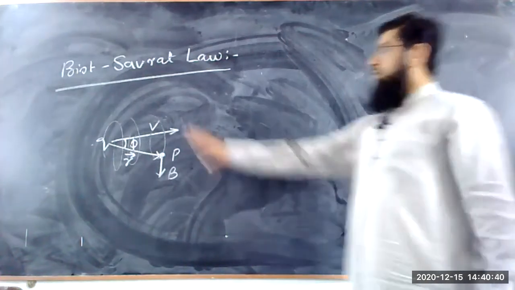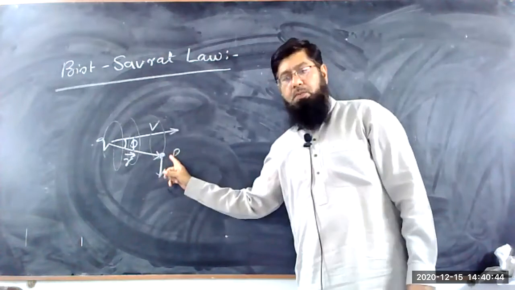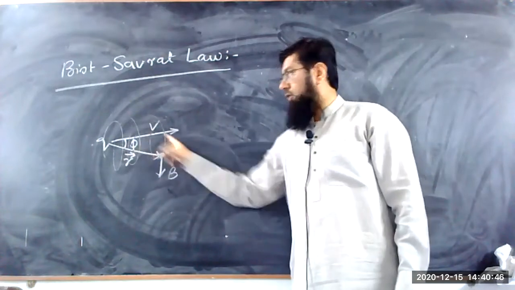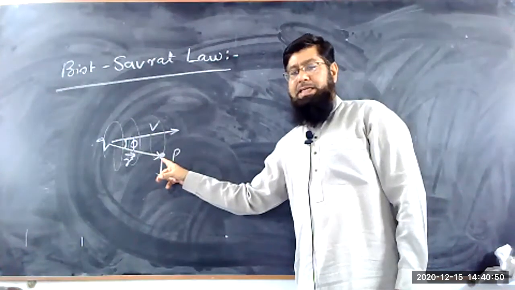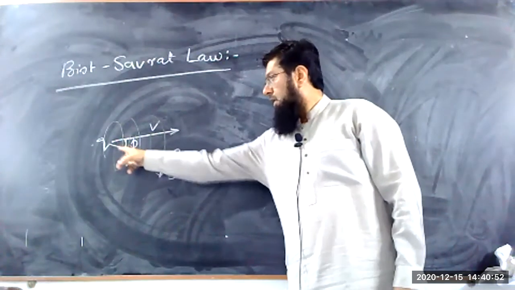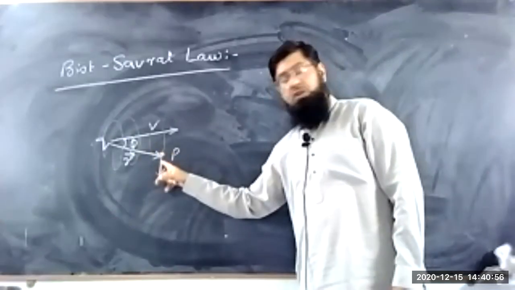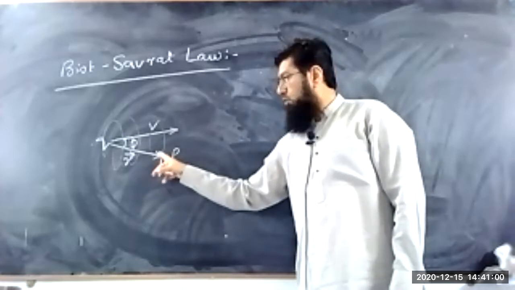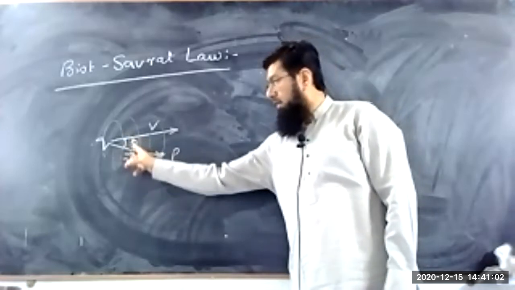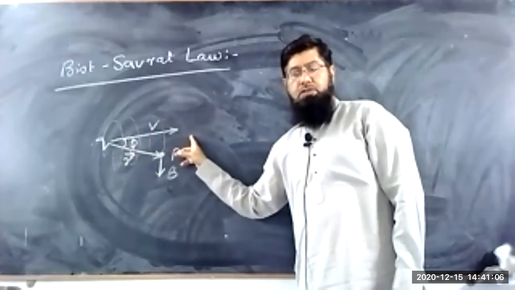We have to look at how much magnetic field is produced at the point P due to the motion of the charge. This point P is located at a distance r. This r is a position vector which identifies the position of the point P where we want to calculate the magnetic field, and this position vector is making a certain angle φ with respect to the velocity of the charge.